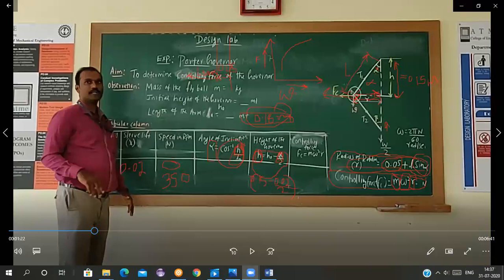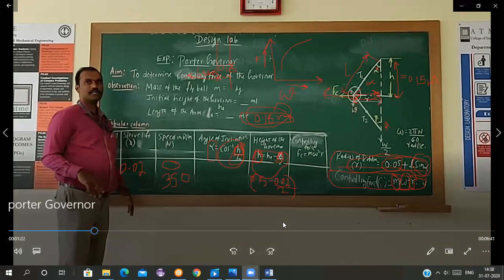Okay. Yes, mass is 0.7 kg. 153 you are getting. Okay, 153.26 newtons. So two students are getting around 153. Other students are not solving.